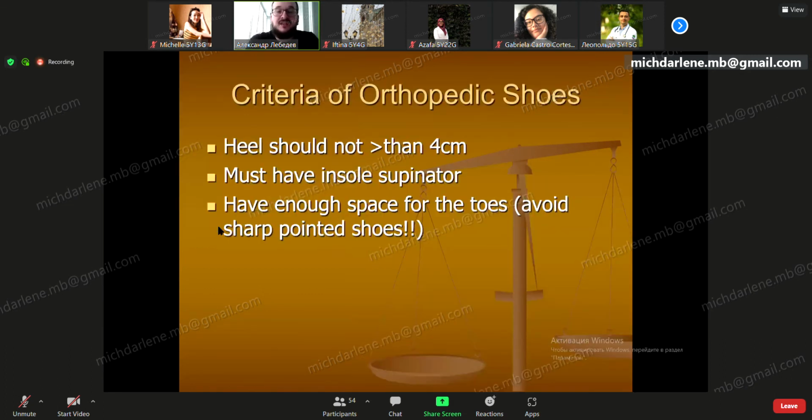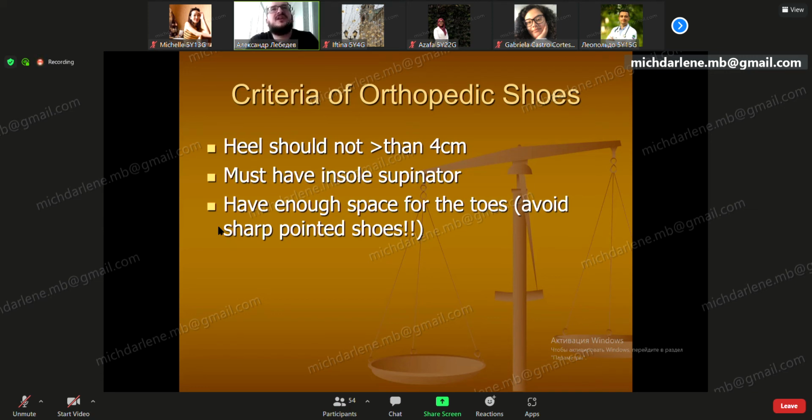We can do nothing except operative reconstruction. Girls, don't forget that heels are so cool, so sexy, but no more than 4 centimeters. Other heels, 11 or more, yeah, you can use them, but please, let's hear some orthopedic doctor from Russia.